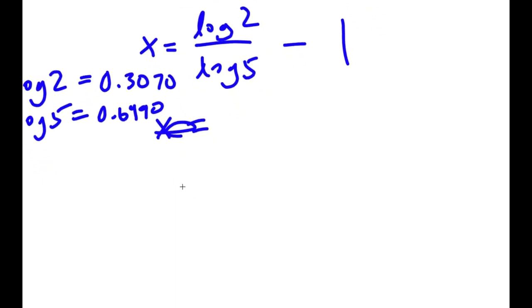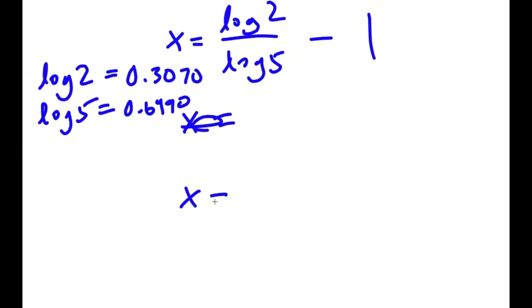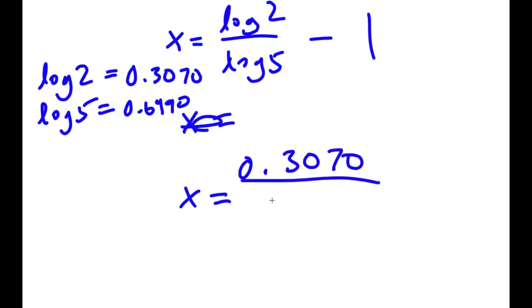So now, if I plug these into the equation and substitute them for log 2 and log 5, I get 0.3070 over 0.6990 minus 1.